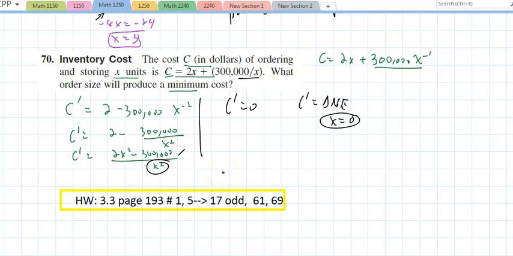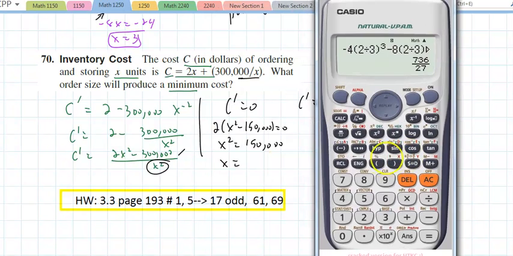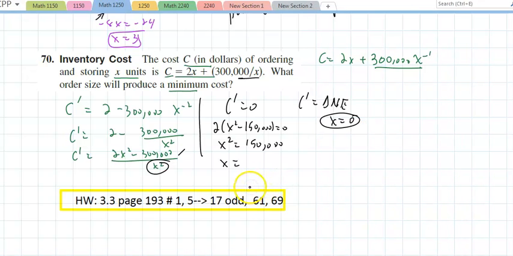That's always the case. Where does 2 times x squared minus 150,000 equal 0? That's when x squared equals 150,000. If you take the square root of 150,000, that is 387 units.